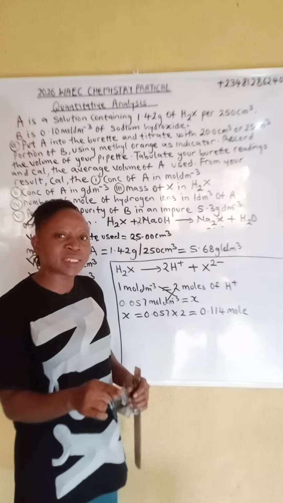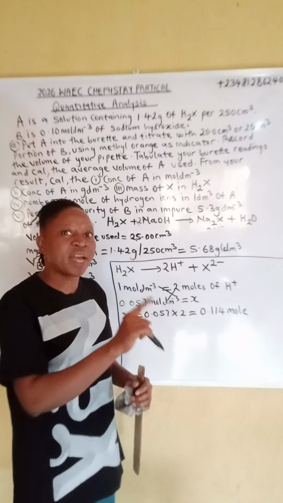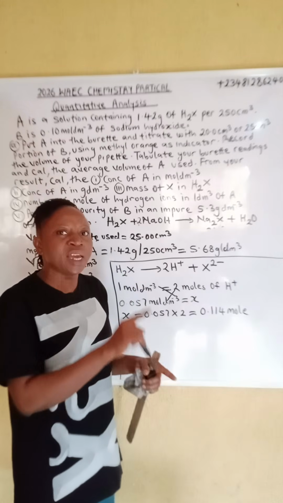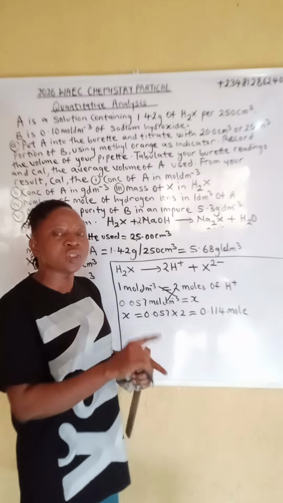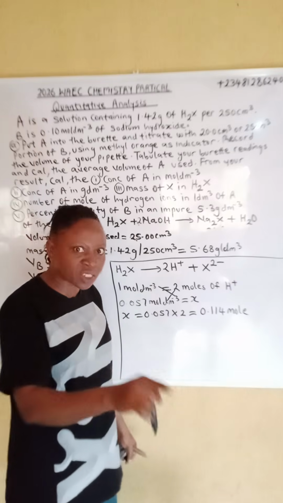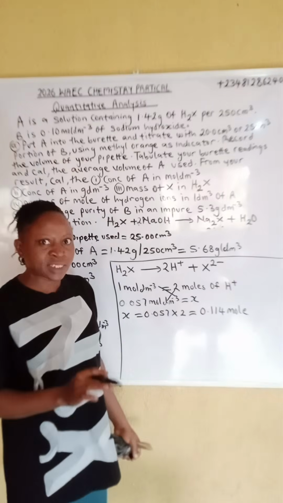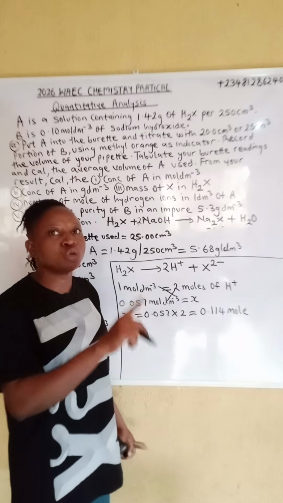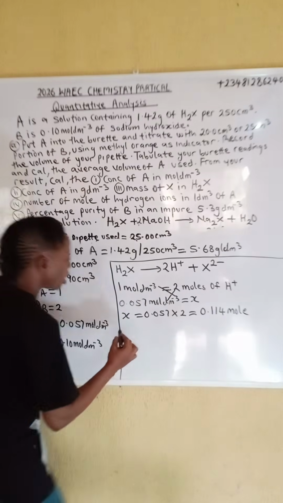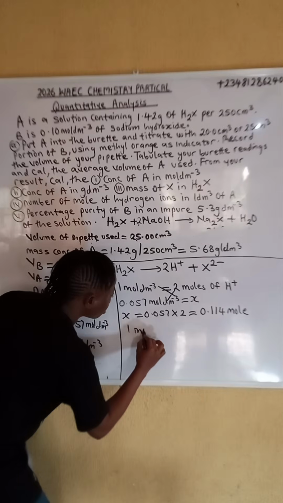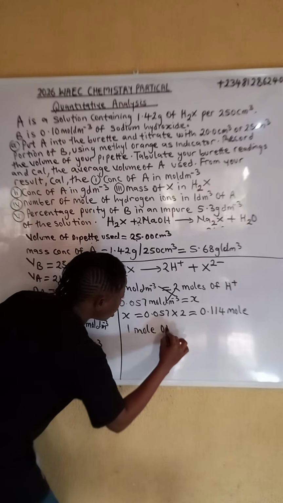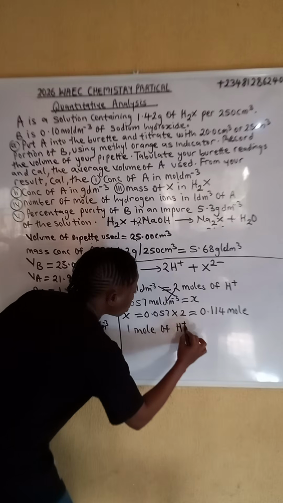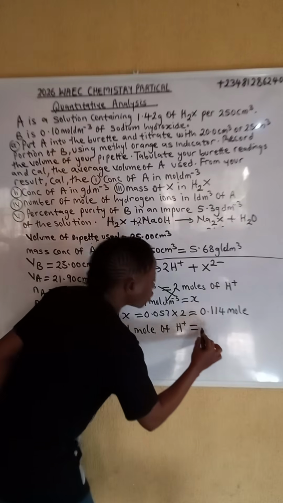Then we should not forget that 1 mole of any atom or 1 mole of any ion is equal to Avogadro's constant. That is the next step to take. 1 mole of any ion is equal to Avogadro's constant. Now we are going to say 1 mole of hydrogen ion is equal to Avogadro's constant.